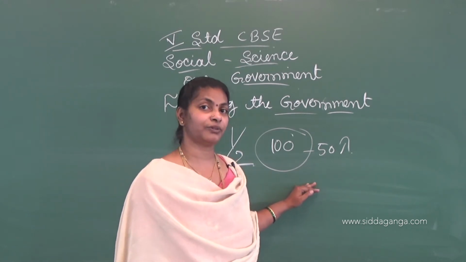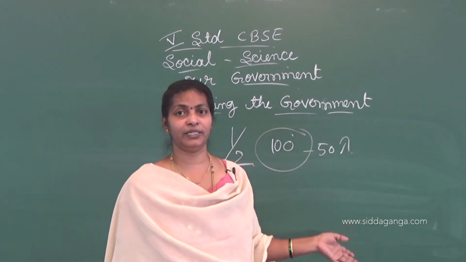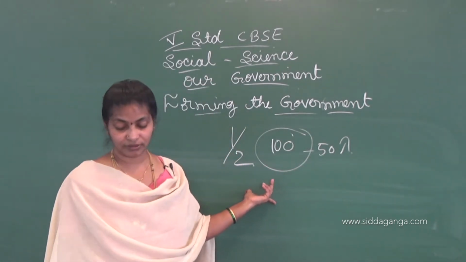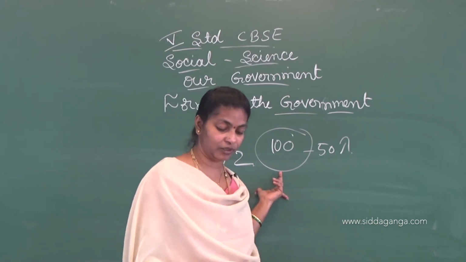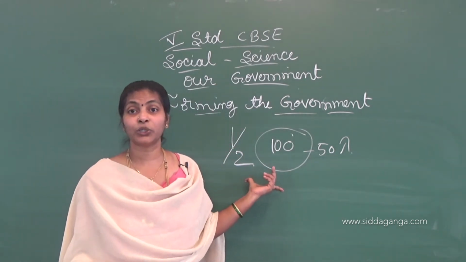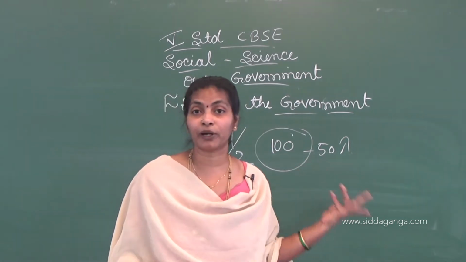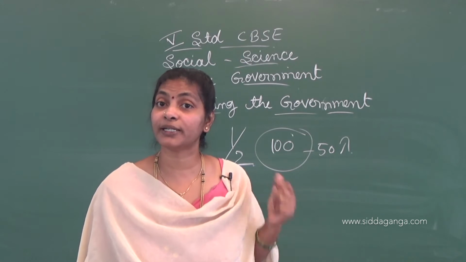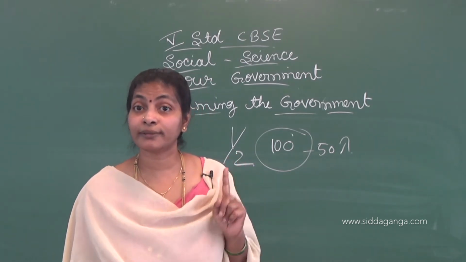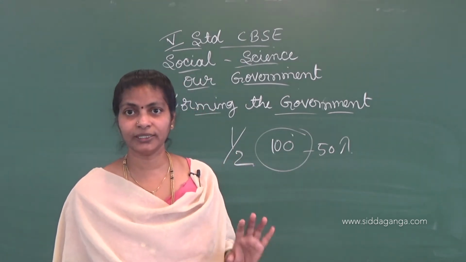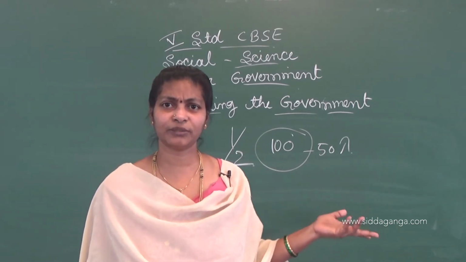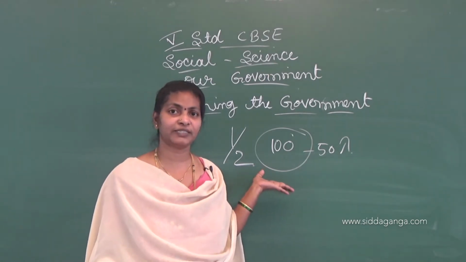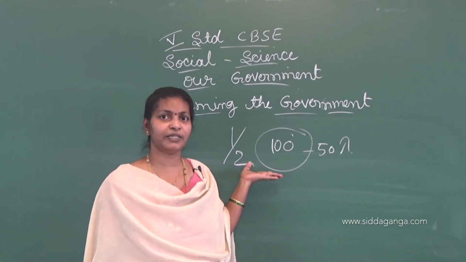If any party did not get more than half of the total number of members in the parliament, what is the situation? How do they form the government at that time? If any one party gets more than half of the members, it is declared the majority party or the winner party.